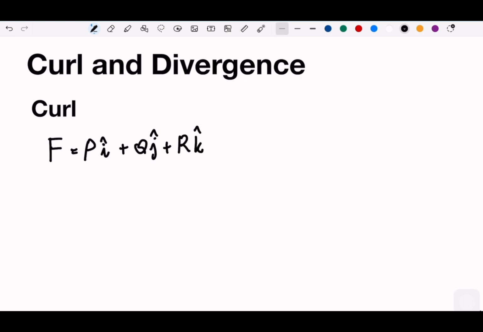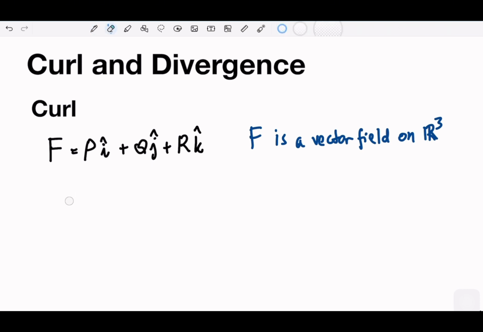Now let me write, this F is a vector field on 3-dimensional space, and the partial derivatives of P, Q, R all exist.